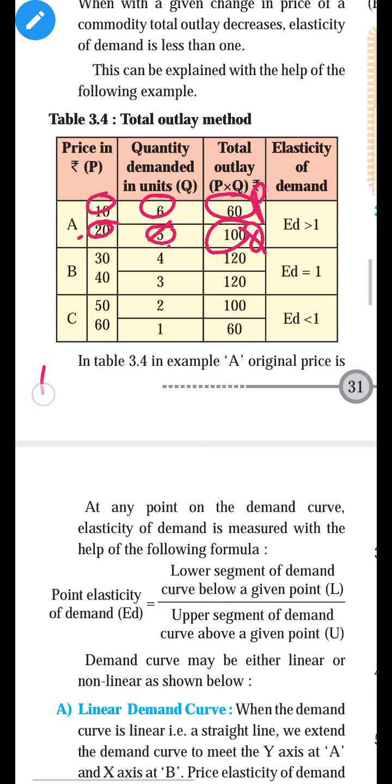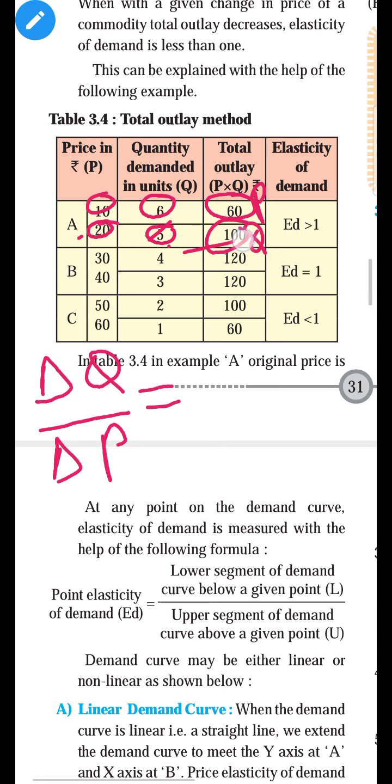So what is the delta Q value? First we apply the formula delta Q upon delta P. How much does the demand change due to change in price? It is 100. All these denominator numbers are delta Q, so here it is 100.